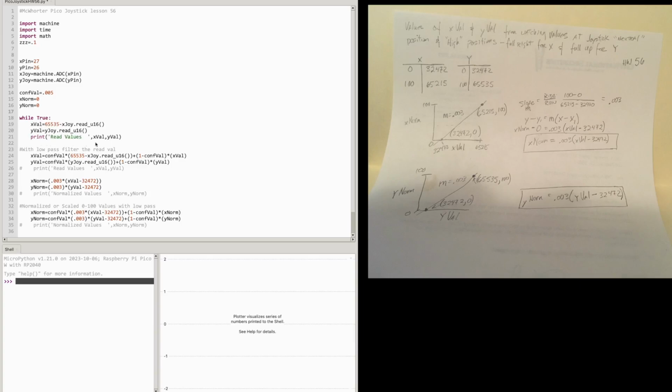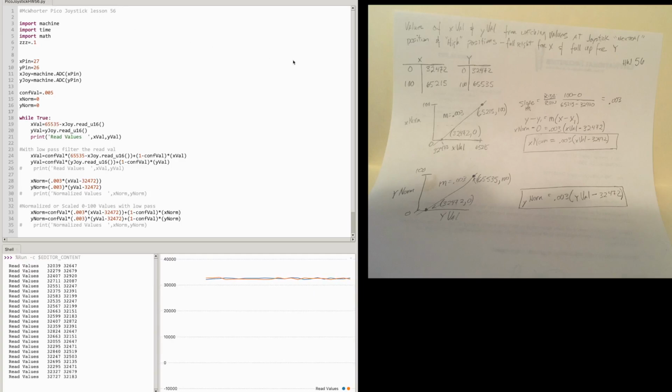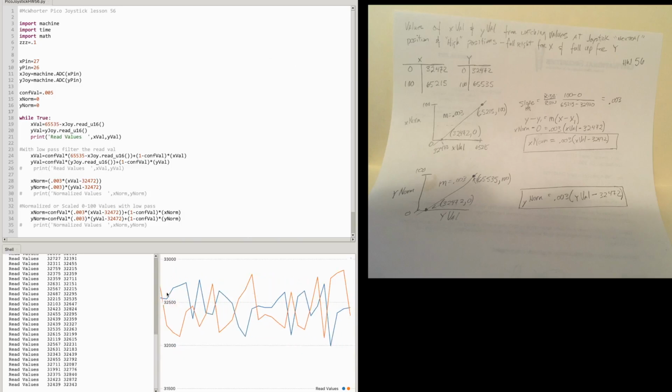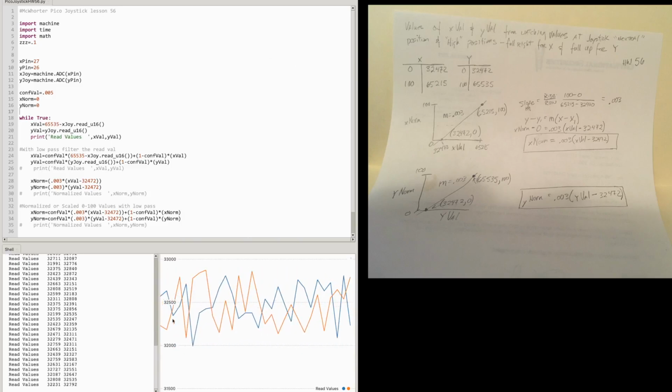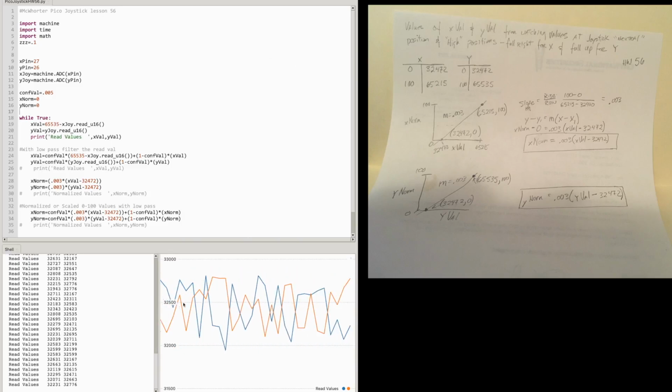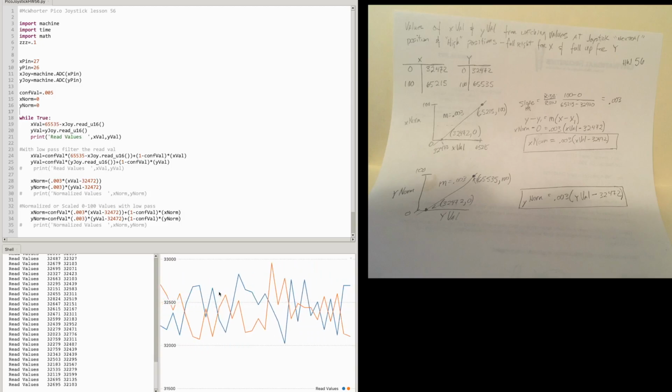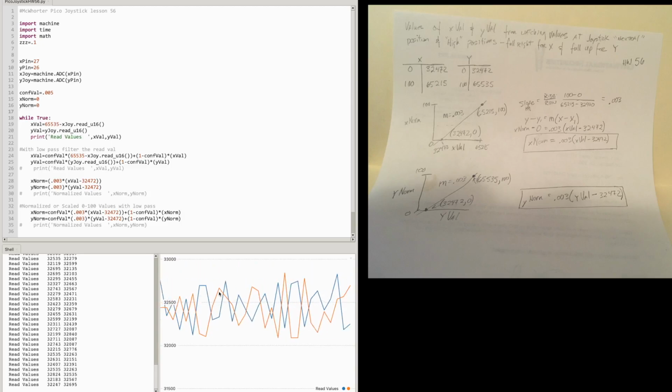So what I did was, this is the read thing. I took these read values, and we might as well run that and I'll show you. You can see here where the read values are, and the X and Y bounce around quite a lot.